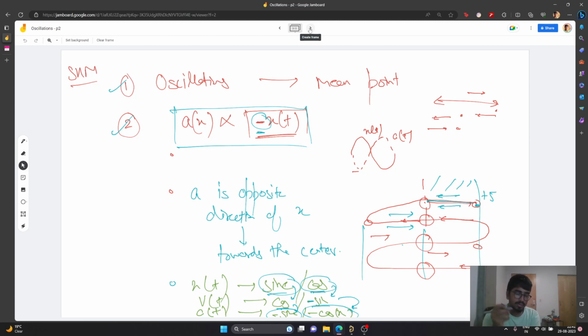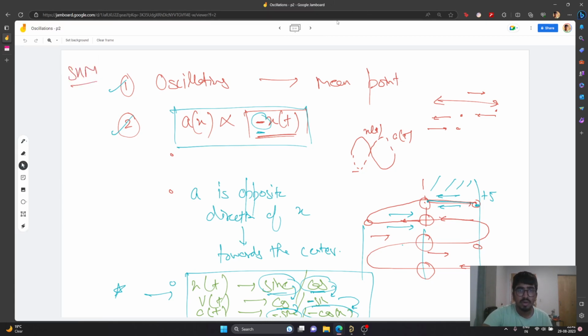SHM is important because this is the critical thing, that x of t comes as a sine, which is what we liked as we discussed. We don't like those square forms or those triangle forms that we were discussing yesterday. Instead we like nice smooth sines.